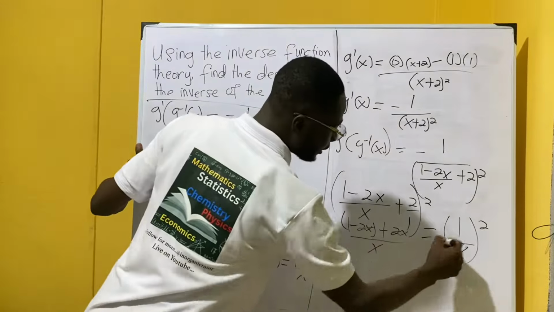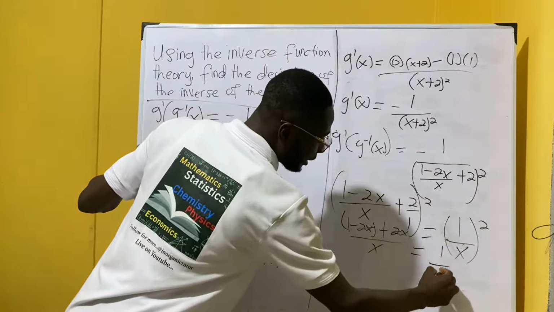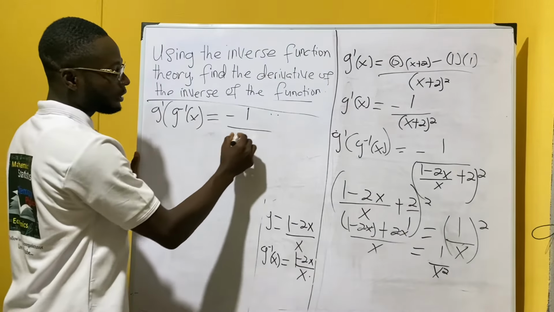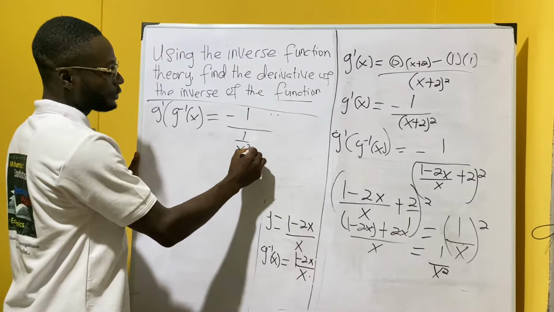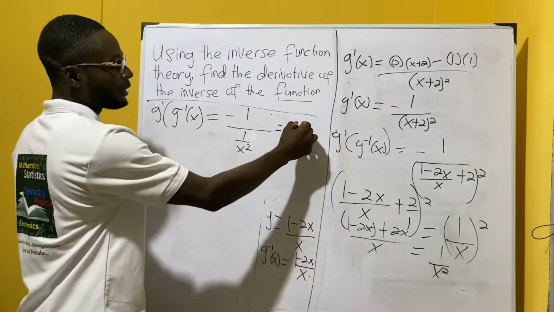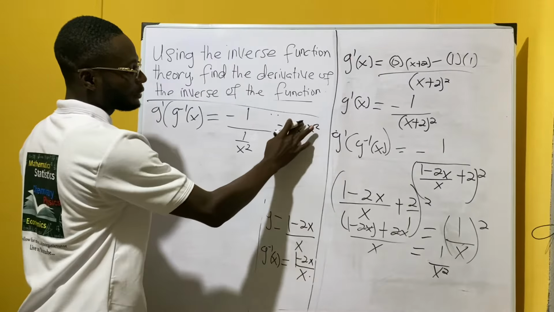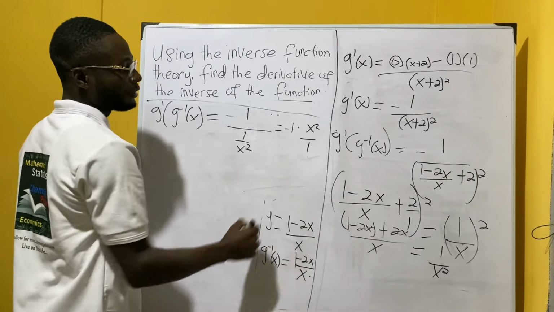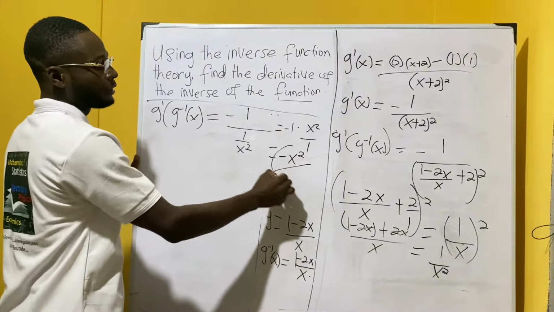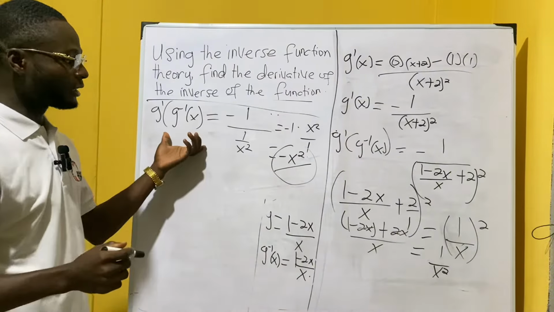So this is basically equals 1 over s squared, right? So negative 1 all over 1 over s squared, right? So with this, we can say that minus 1 times s squared. So let's use the dots here, over 1. So we have negative s squared as the denominator, right?